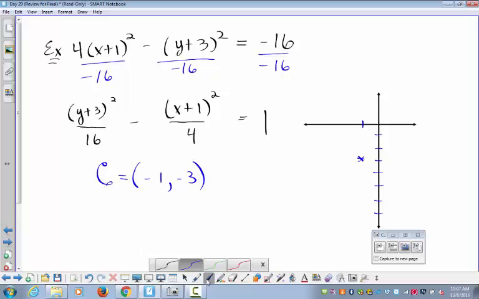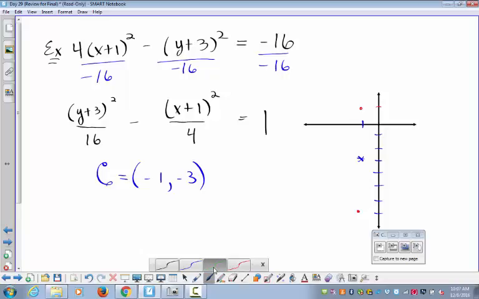Transverse, and the other one's called the conjugate axis. So to get to the vertices, we're going to go down 4. We're going to go up 4. So those are on the hyperbola. Those are points that are on the graph. They're not just guiding points like foci or whatever.